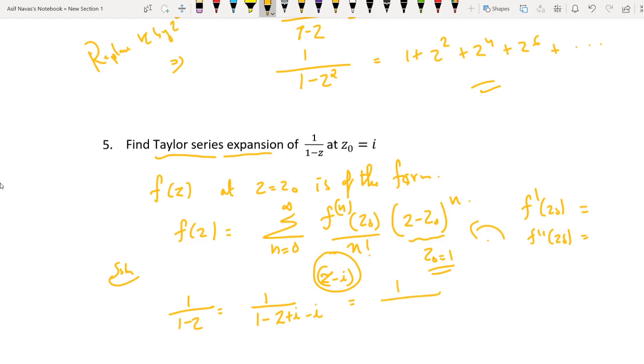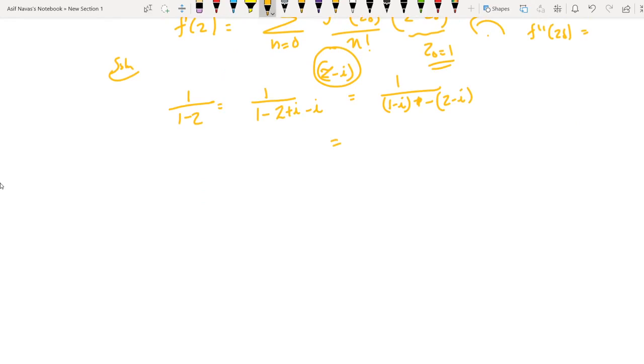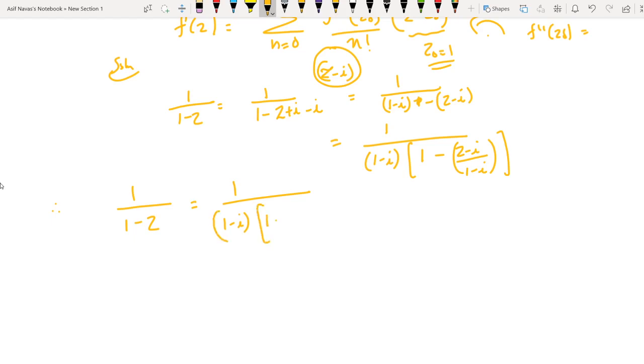So this can be written as 1 by 1 minus I minus z minus I. Now what we will do is, I'm taking 1 minus I outside: 1 minus z minus I divided by 1 minus I. Therefore we can write 1 by 1 minus z in the form 1 by 1 minus I into 1 minus z minus I divided by 1 minus I.